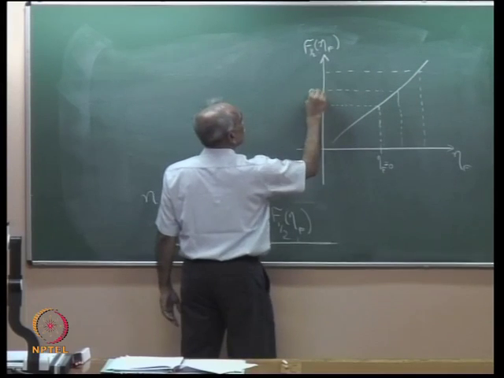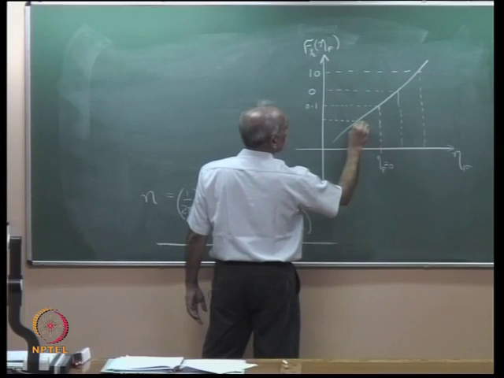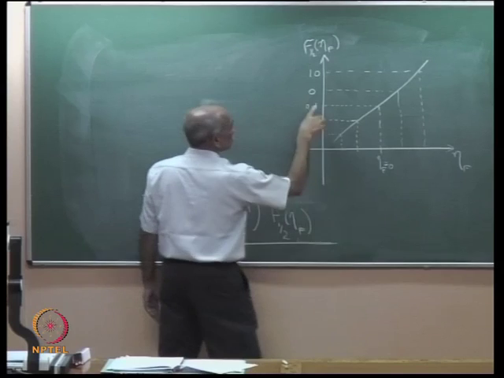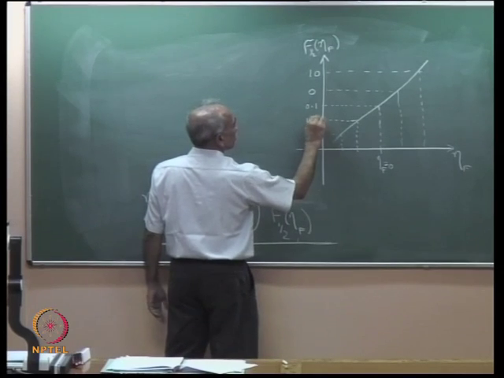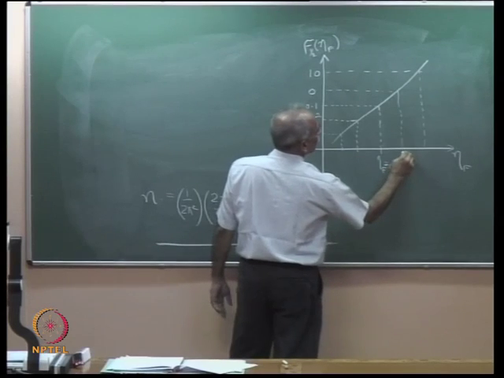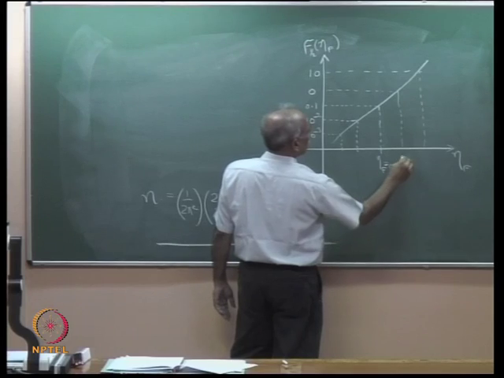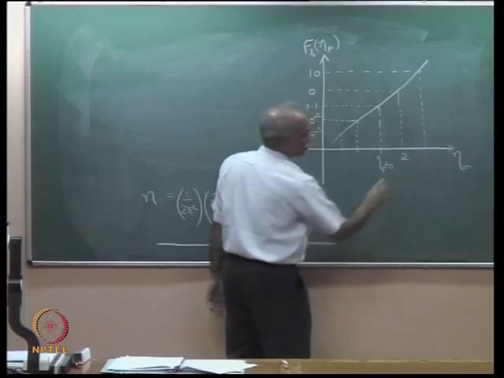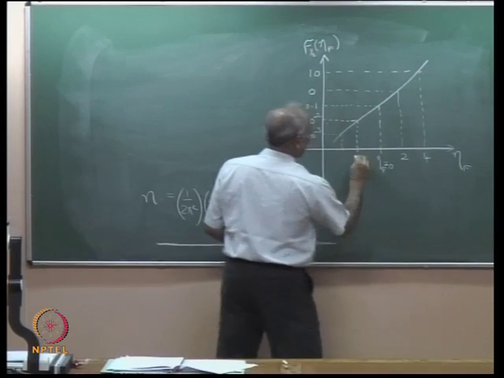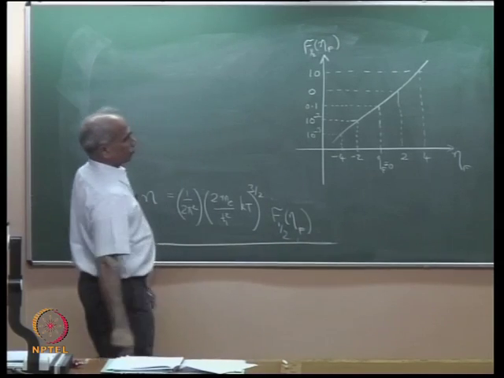So this is 0, this is 10 power 0, 10 power minus 1, 10 power minus 2, 10 power minus 3. The numbers are 0 here, around eta F equal to 0, then 2, 4, and this is minus 2, minus 4, and so on.